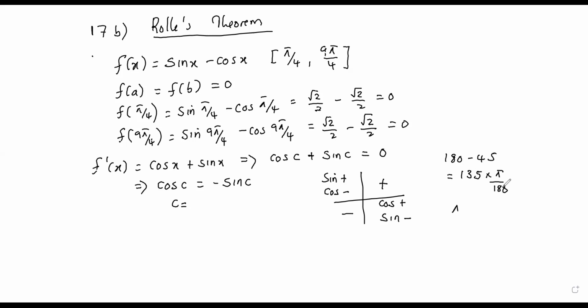Or let me just go straight and say pi minus pi over 4, so that I get 3 pi over 4. And then the other c will come from the fourth quadrant, which will be 2 pi minus pi over 4, which is 7 pi over 4.